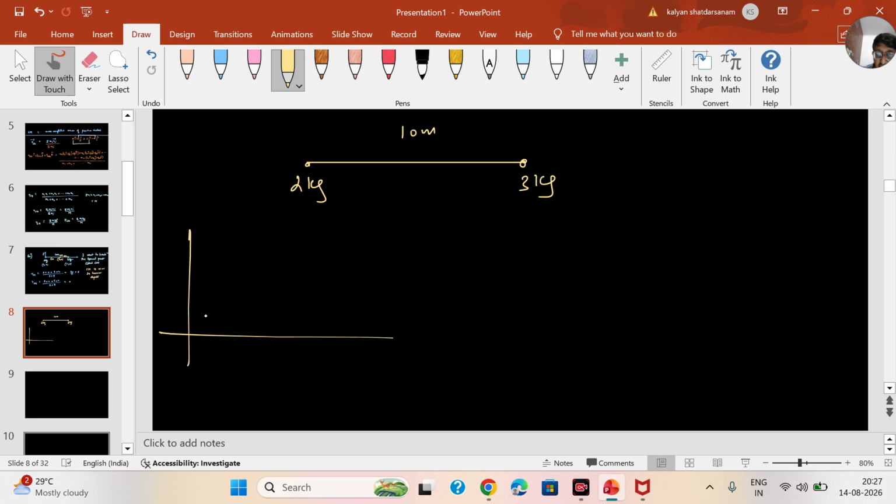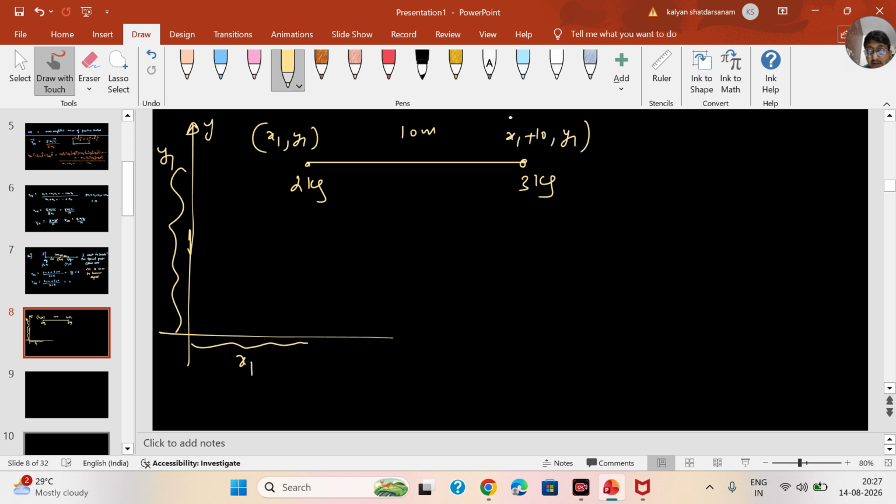Suppose I took the coordinate system here, and suppose the y coordinate is some y1, and the x coordinate of the 2 kg is, let us say, x1. So the coordinates of the 2 kg are (x1, y1). The coordinates of the 3 kg will be (x1 plus 10, y1), because the x coordinate increased by 10 meters.